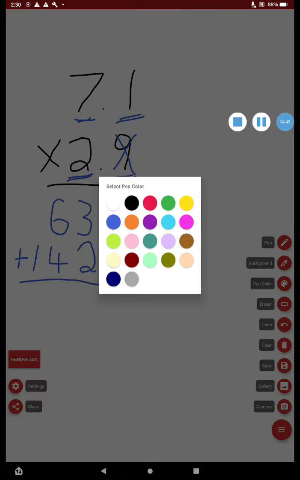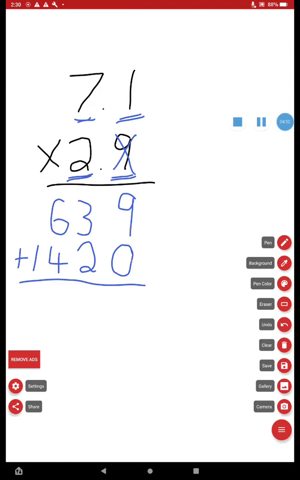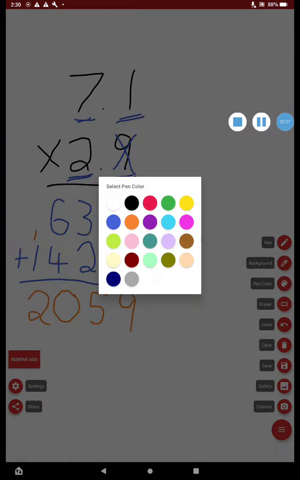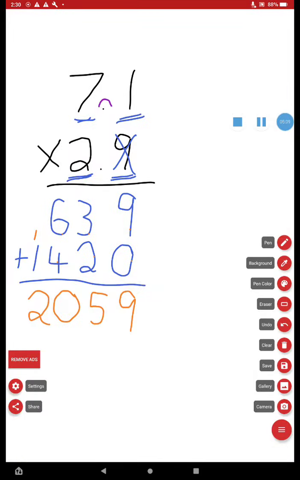Add the two together. 9 and 0 is 9. 3 and 2 is 5. 6 and 4 is 10. Carry the 1. 1 and 1 is 2. Since I'm talking about decimals, I need to put in the decimal point. There's a decimal point.